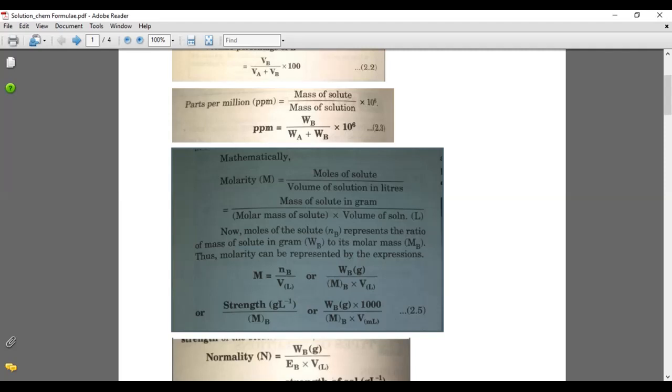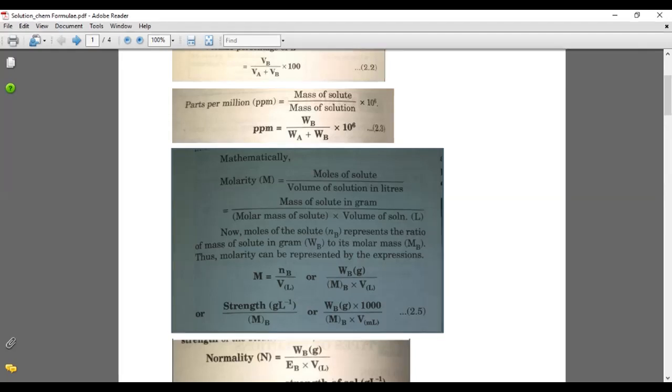And if mass of the solute is given in gram, then again it is to be converted into moles. And students, you know well how to find the number of moles of the given substance. That is very easy. Mass given divided by molar mass is equal to number of moles.